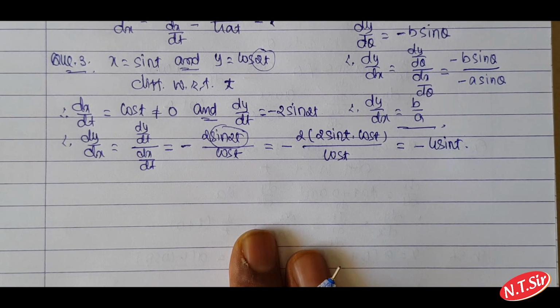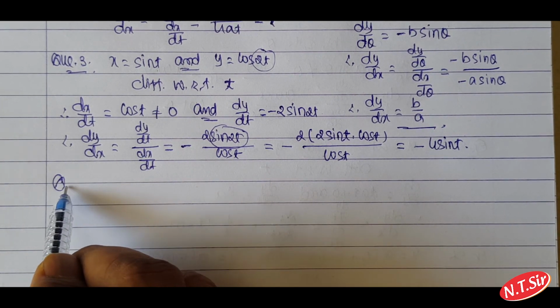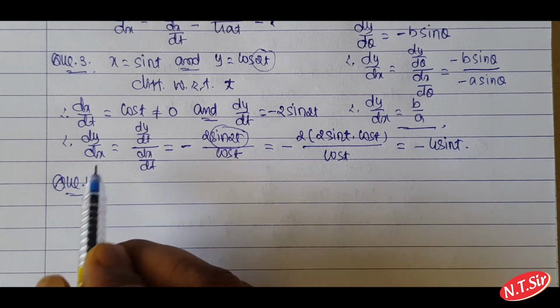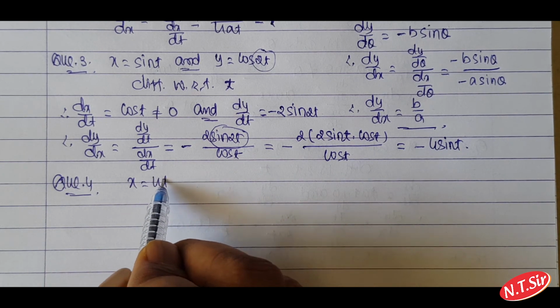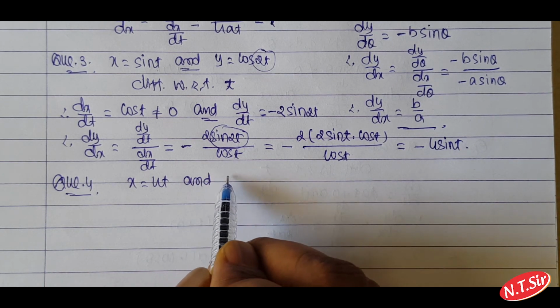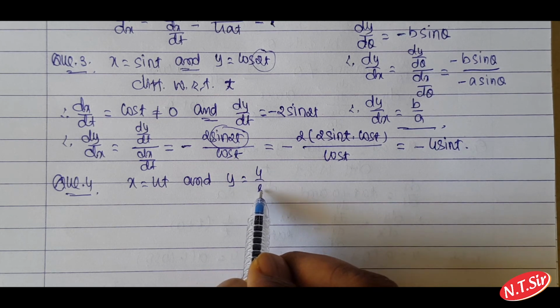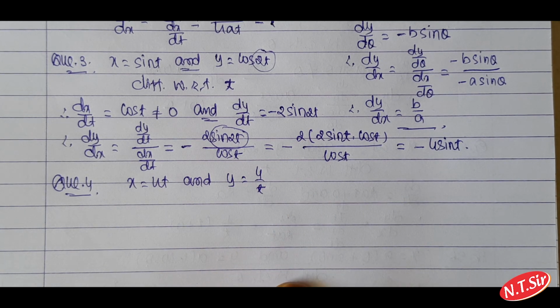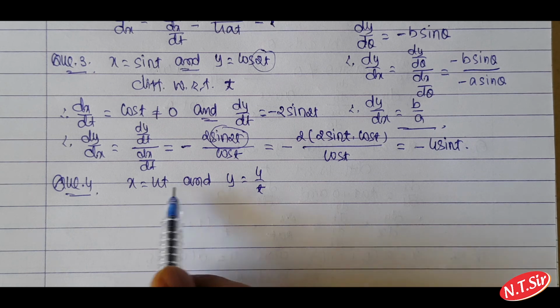Then question number 4. x is equal to 4t and y is equal to 4 by t. Both are parametric equations of variable t.